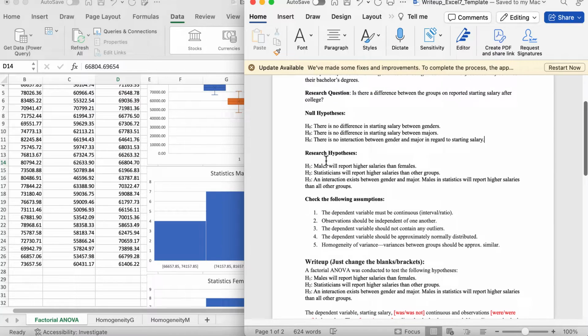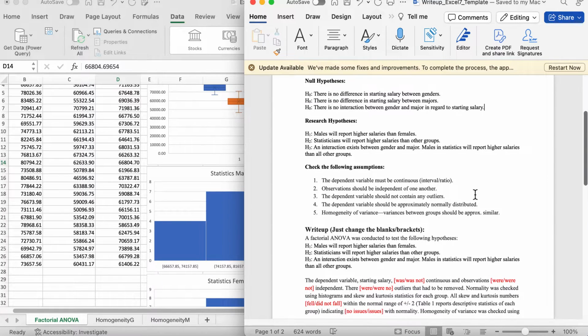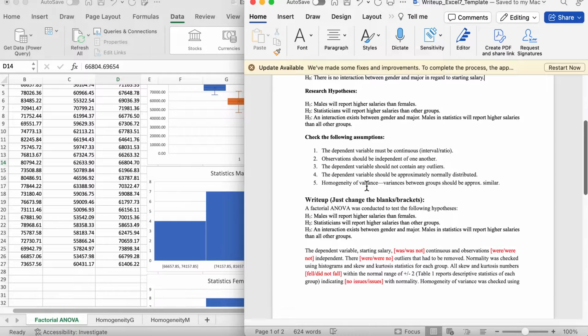So we have research hypotheses that males will report higher salaries than females, statisticians will report higher salaries than the other groups, and there will be an interaction between gender and major: males in statistics will report higher salaries than the other groups. For our assumptions here, you don't have to write anything.